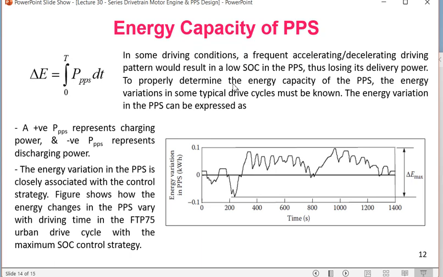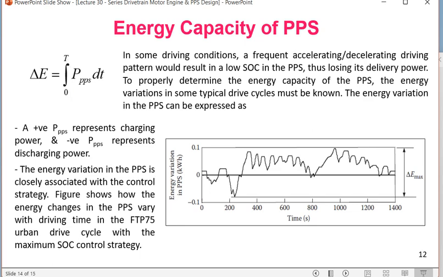Here what we are finding is that in some driving conditions where frequent acceleration and deceleration happen, that means in a city kind of environment with stop-go traffic, it will result in a low SOC in the PPS, because of too much stop-go, which is 0 to T. If T is a long stretch, that means the vehicle is going through a highway.